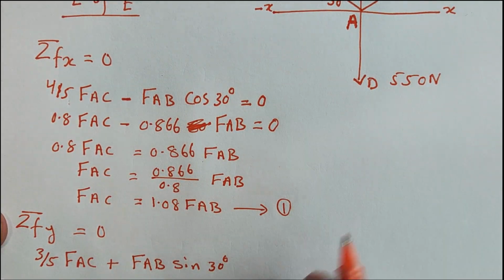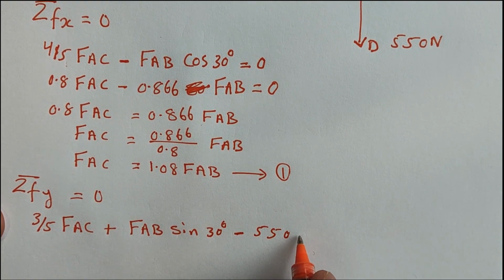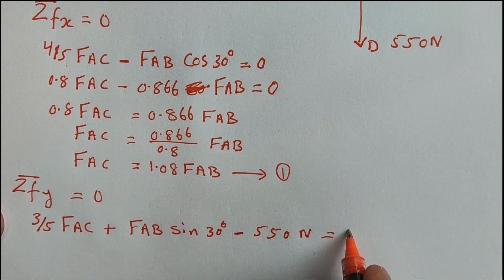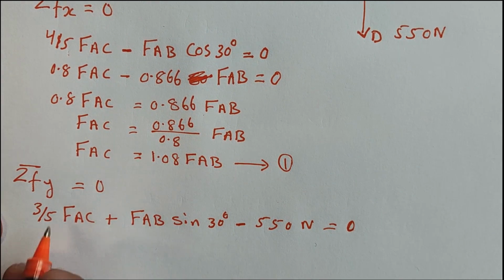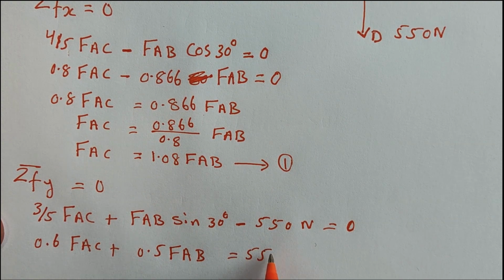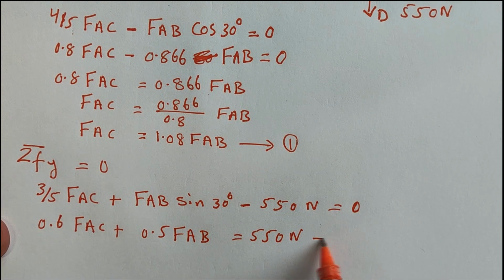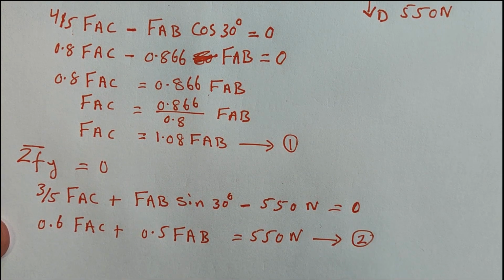Downwards we have negative 550 Newton. All that should equal 0. Solving, this will be 0.6 FAC plus sine 30, which is 0.5 FAB, equal to 550 Newton. Number this as equation number 2.